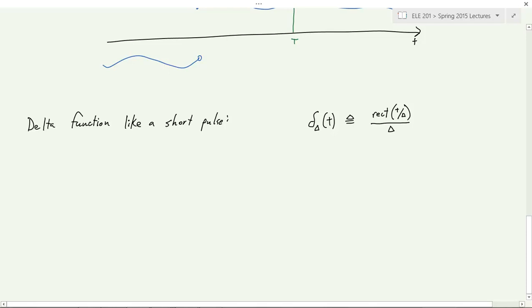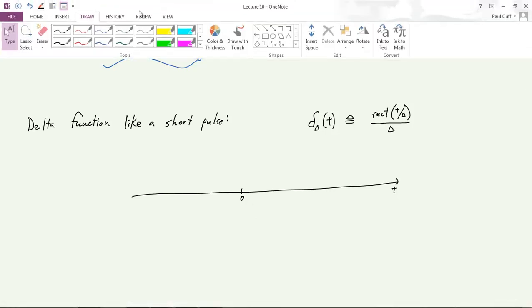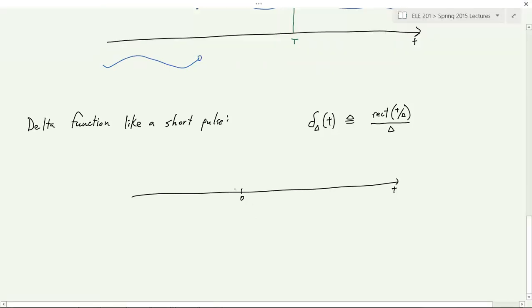So this thing here is, of course, centered around 0. We have something like this. The height is 1 over delta, and the width is delta, so it goes from negative delta over 2 to positive delta over 2.